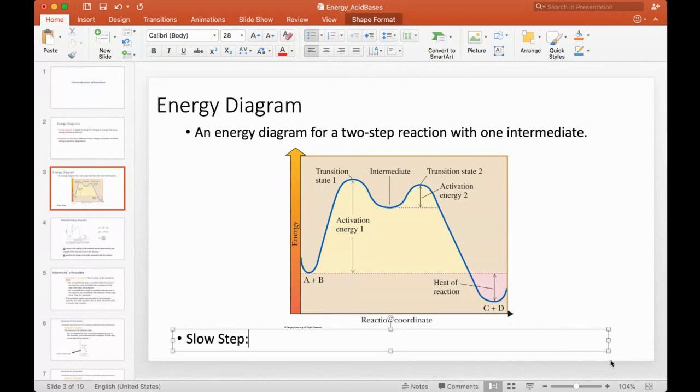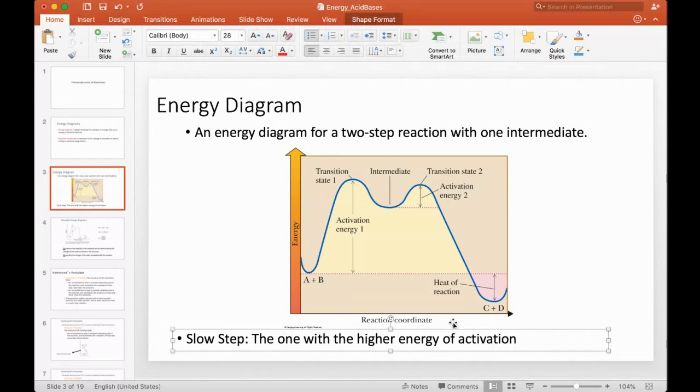But if we have a transformation that implies several steps, the slowest step is the one with a higher energy of activation.